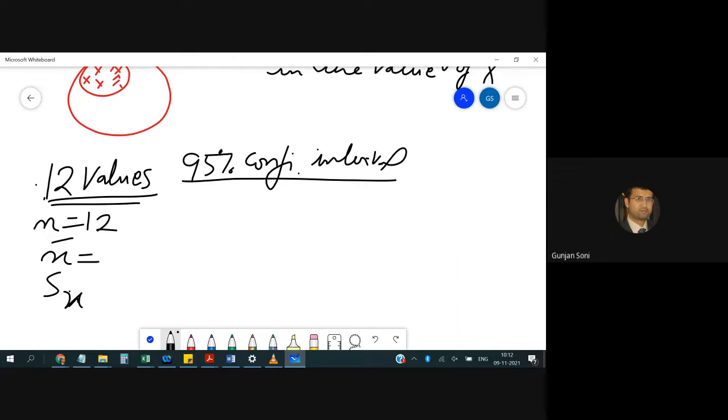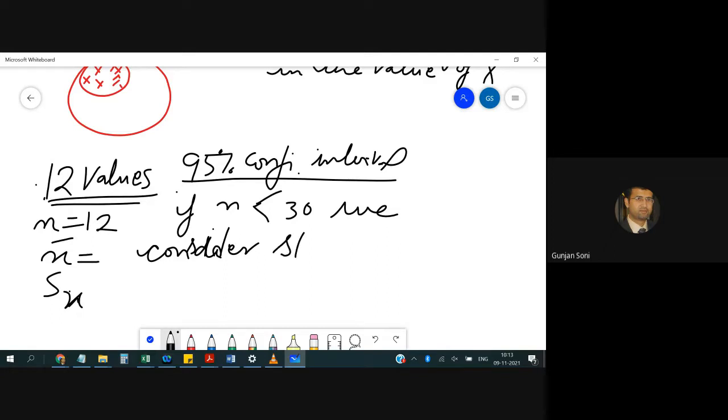Now, before we go ahead, if n is lesser than 30, we consider student t distribution.